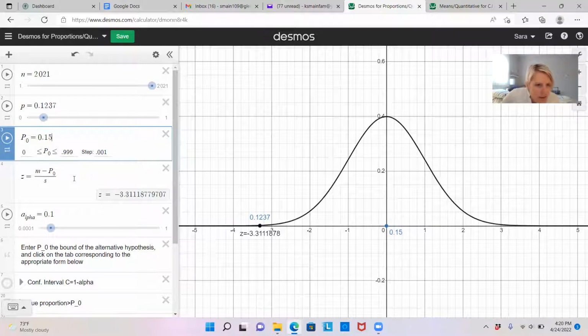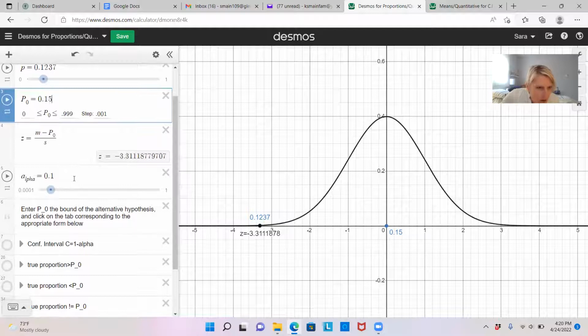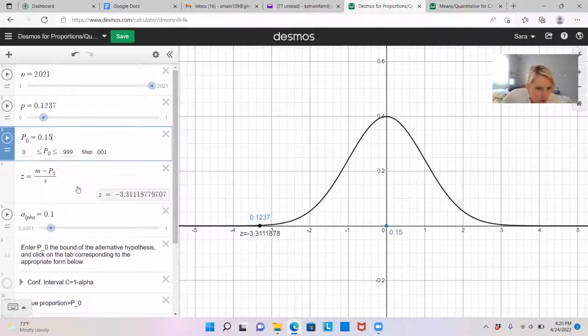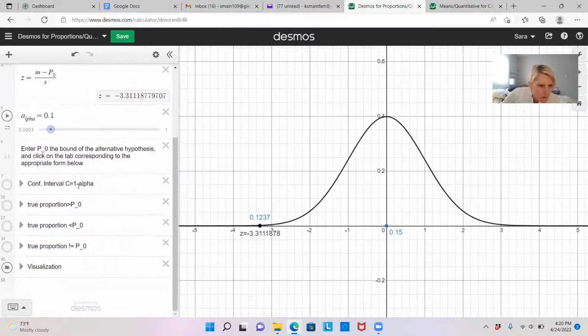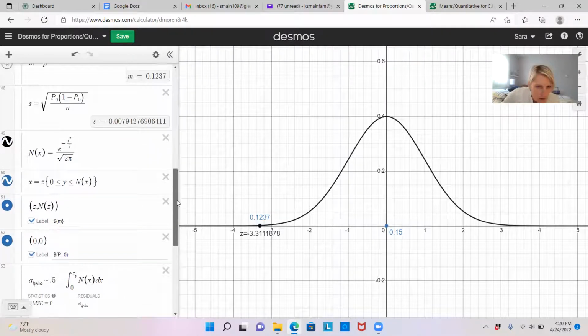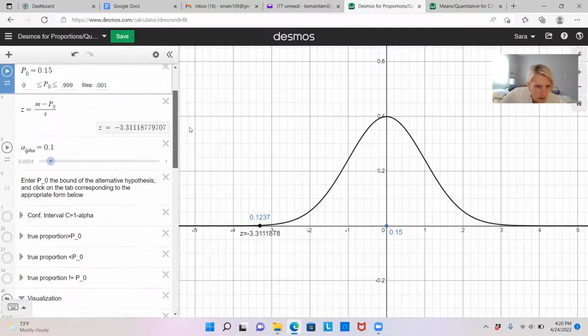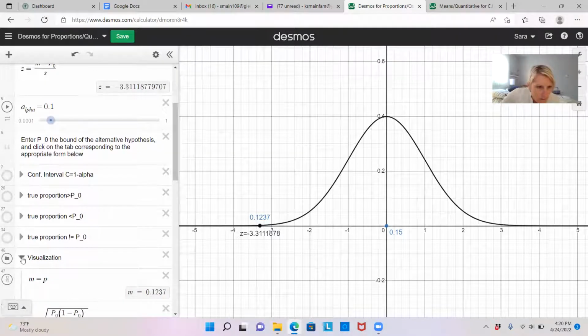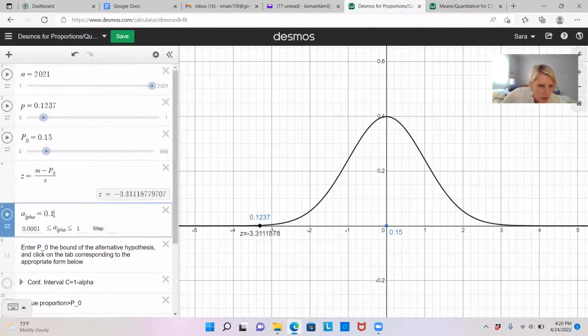Don't worry, it looks like it's something different, but it's really not. And our alpha, we don't have to put in here anyway, because alpha only needs to be entered when you're doing a confidence interval. But our z-score is a negative 3.31.